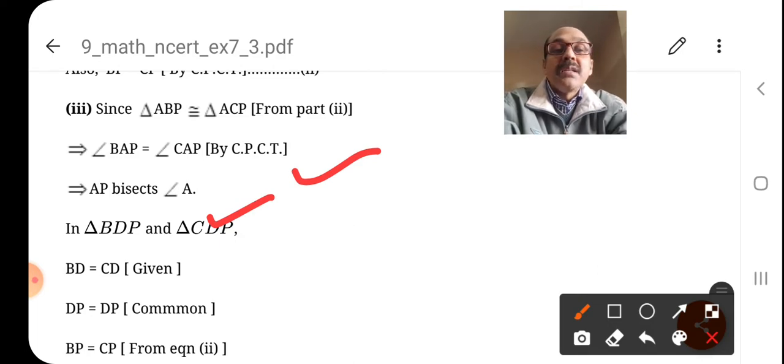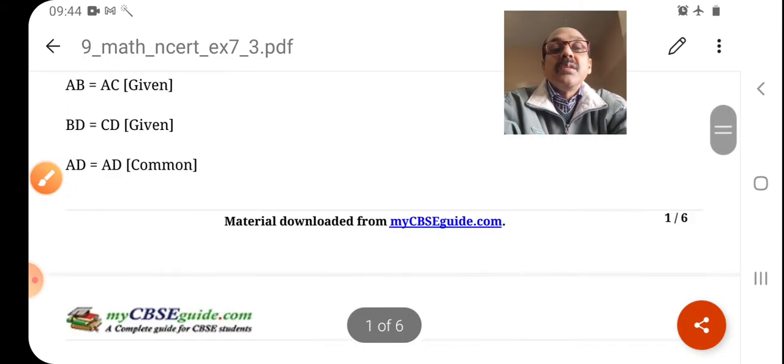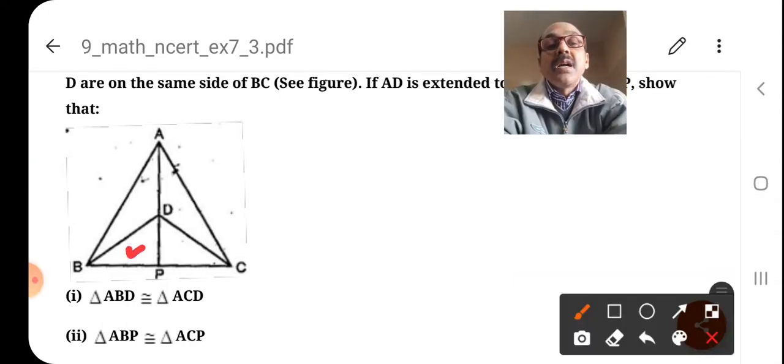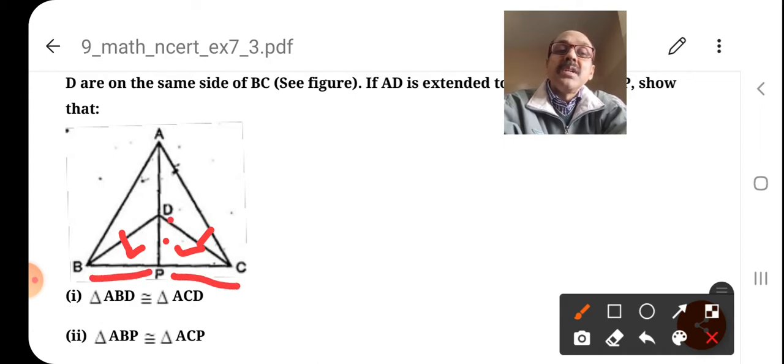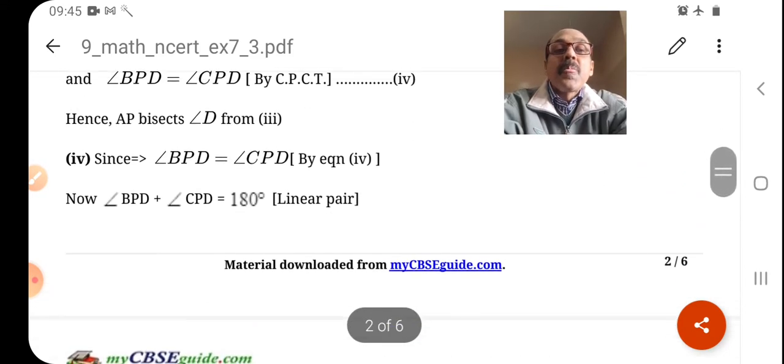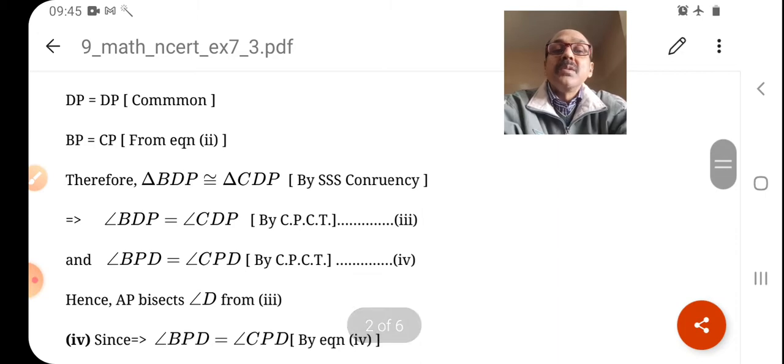Now from triangles BDP and CDP, we have BD equals CD, one condition, it is given; already proved BP equals CP; and number 3, DP is common. So now by SSS congruency we can say triangle BDP is congruent to CDP.